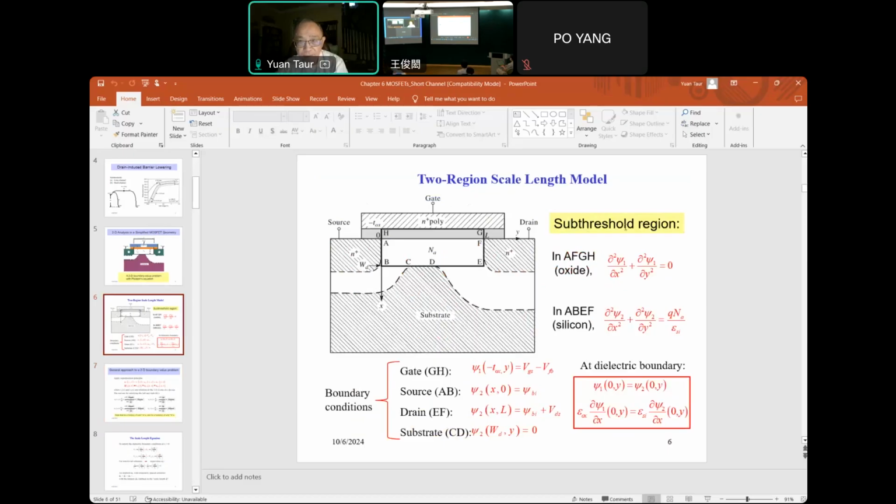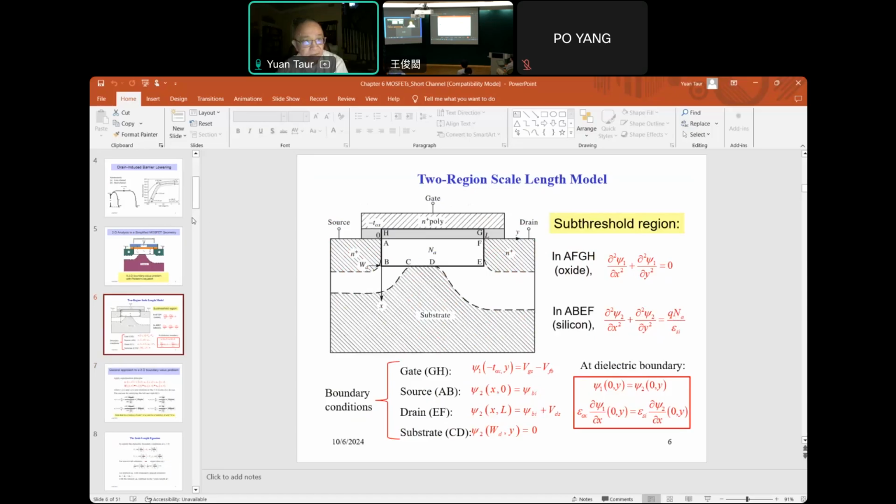That's why the subthreshold assumption is important, because there's no inversion charge. Once you are above threshold voltage, you have an inversion charge in silicon, and that inversion charge is an exponential function of psi 2, so you cannot apply superposition anymore. So the superposition technique can only be applied in the subthreshold.